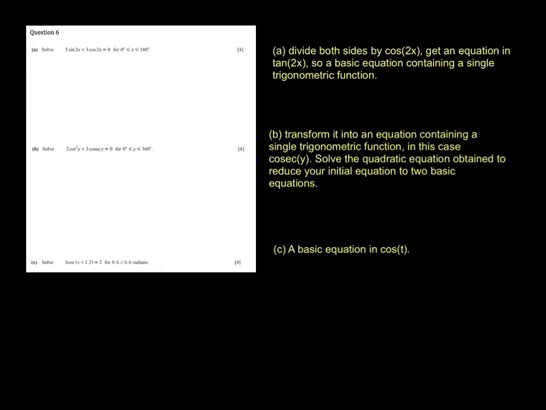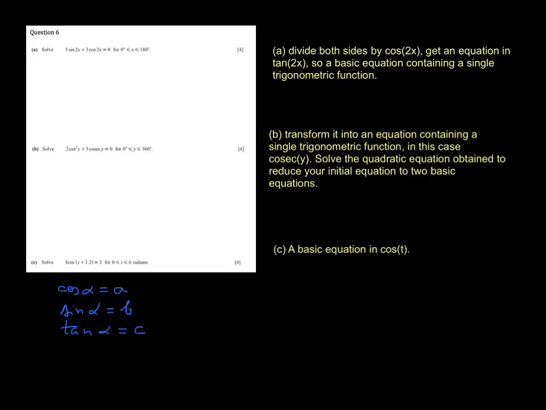Let us take a closer look at the differences between these three equations. In all the cases, we try to reduce the equation to one of the basic trigonometric equations, and I call basic trigonometric equations the equations cos alpha equals a number a, or sine alpha equals a, or tan alpha equals b. a and b do not necessarily need to be the same letter, so let me choose a b here.